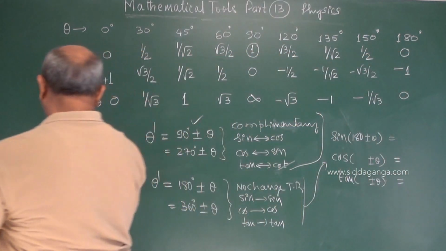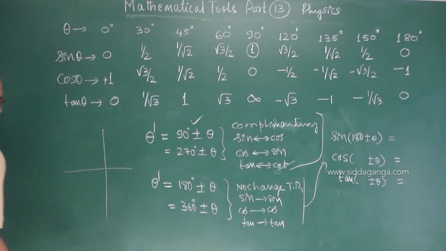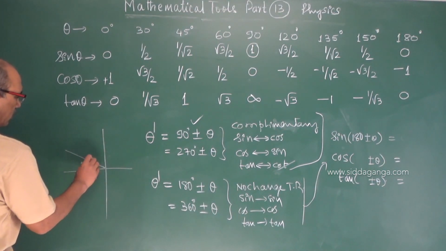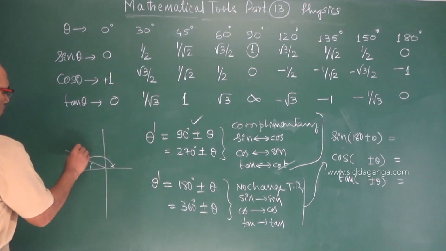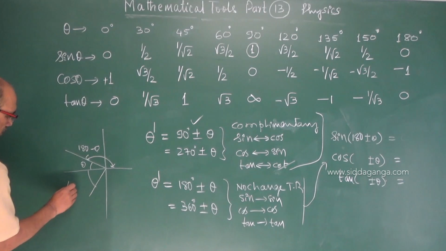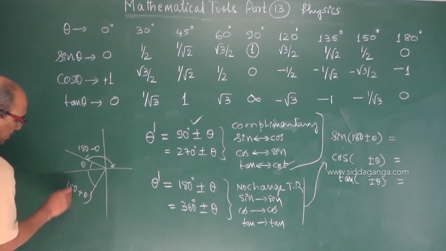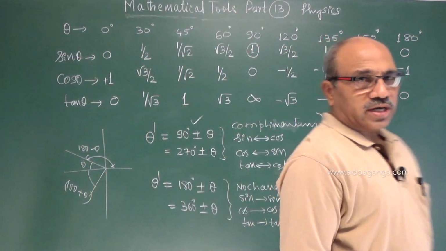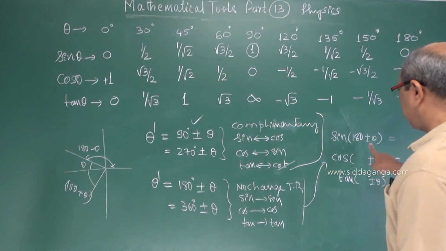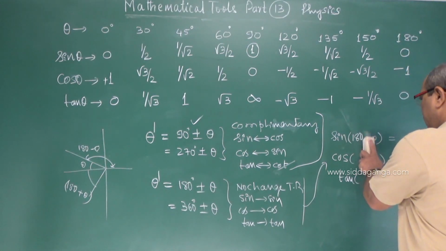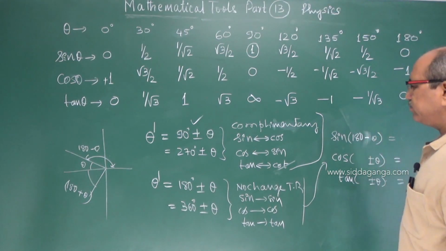When we go to 180 plus theta, suppose this is theta, then this angle becomes 180 minus theta. Or if it is theta, this becomes 180 plus theta, right? So suppose you take 180 minus theta.